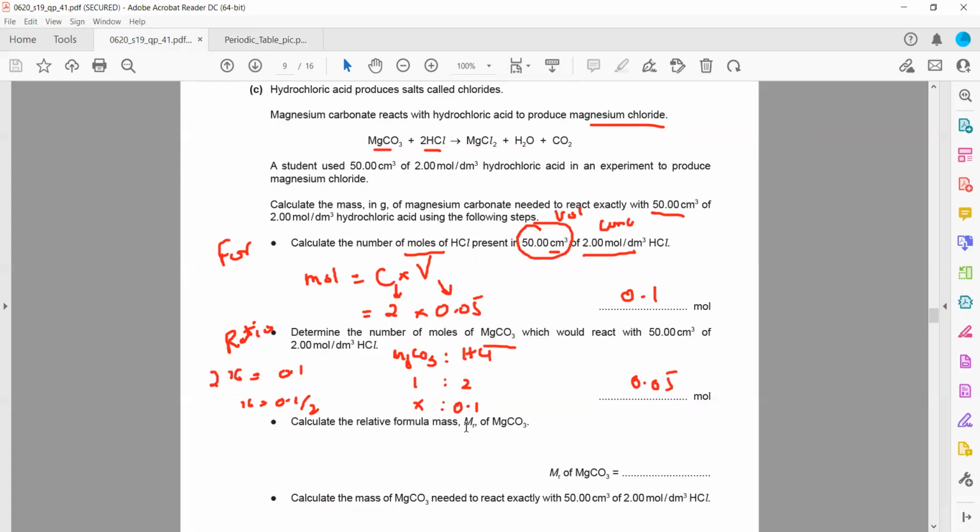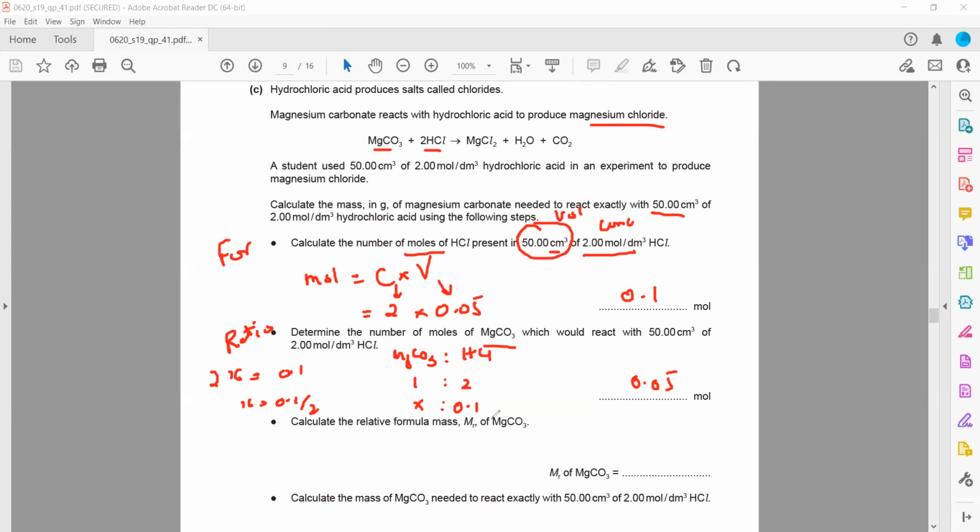Then we have to work out the relative formula mass of magnesium carbonate. How to work out the mass of magnesium carbonate? We have to calculate a relative formula mass.